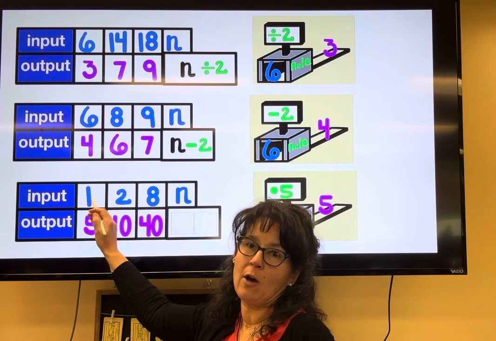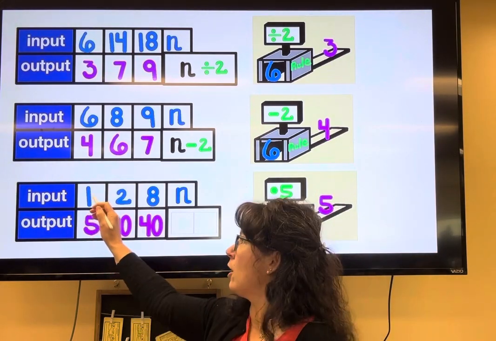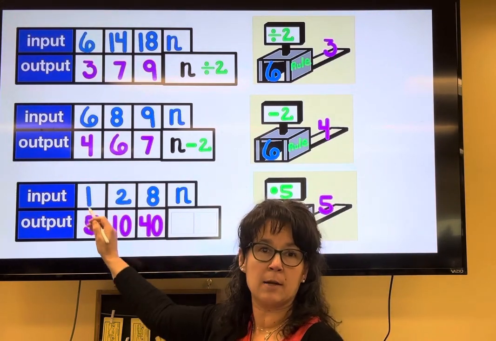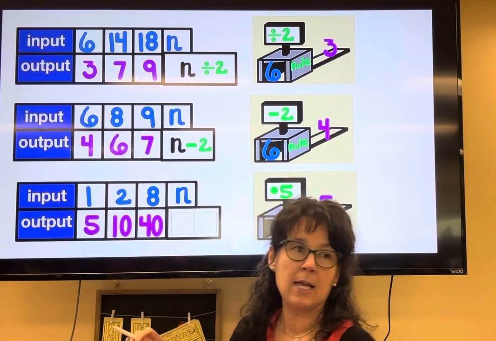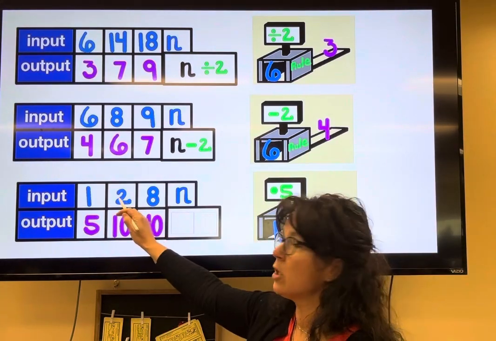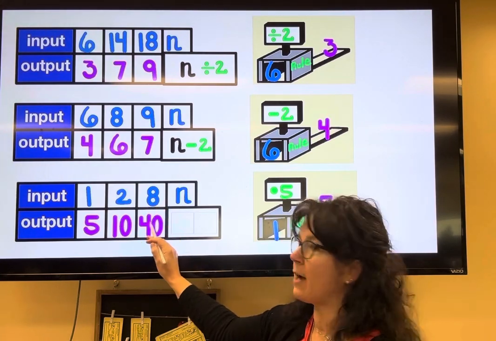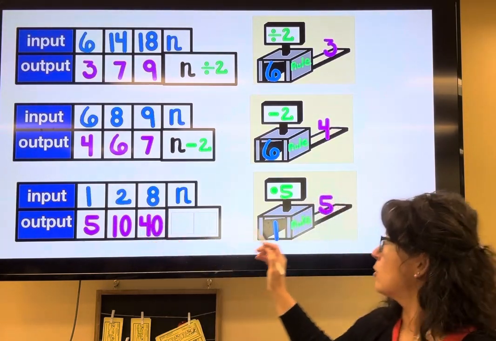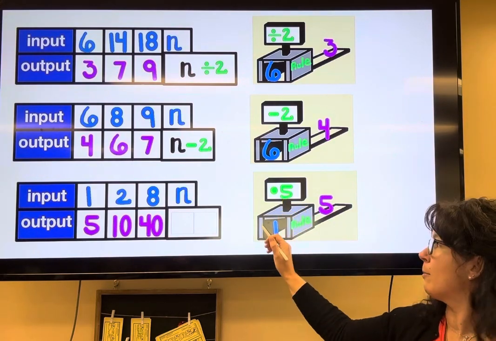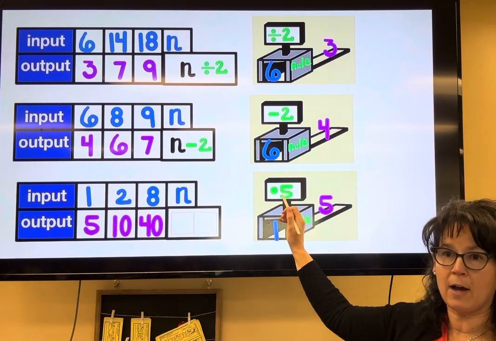And so thinking of how I get from 1 to 5, instead of adding 4, I could multiply 1 by 5. And when we continue trying that rule, 2 multiplied by 5 is 10. 8 multiplied by 5 is 40. So the machine is multiplying the number that goes in by 5.